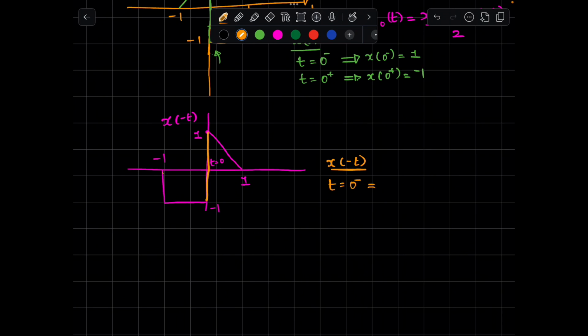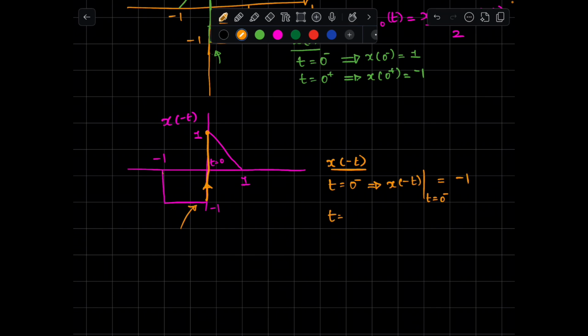You see, at t equal to 0 the amplitude is jumping from -1 to 1. So at 0 minus, x of minus t at t equal to 0 minus is equal to -1.